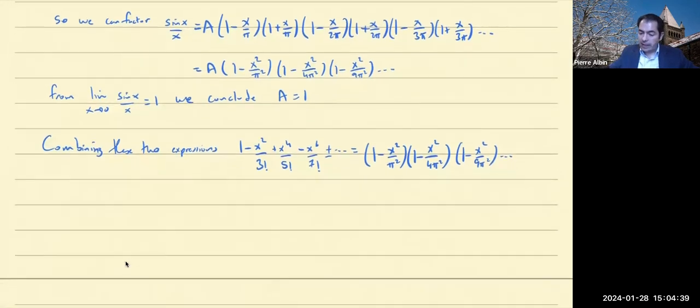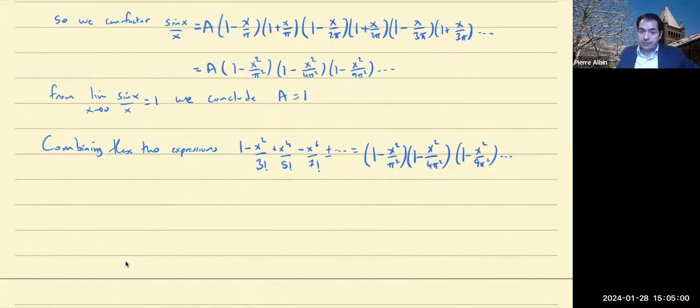Okay, so now, again, pretending that we were working with polynomials, what you could do is multiply this side out and then compare coefficients of x to the 2n on this side and x to the 2n on that side.